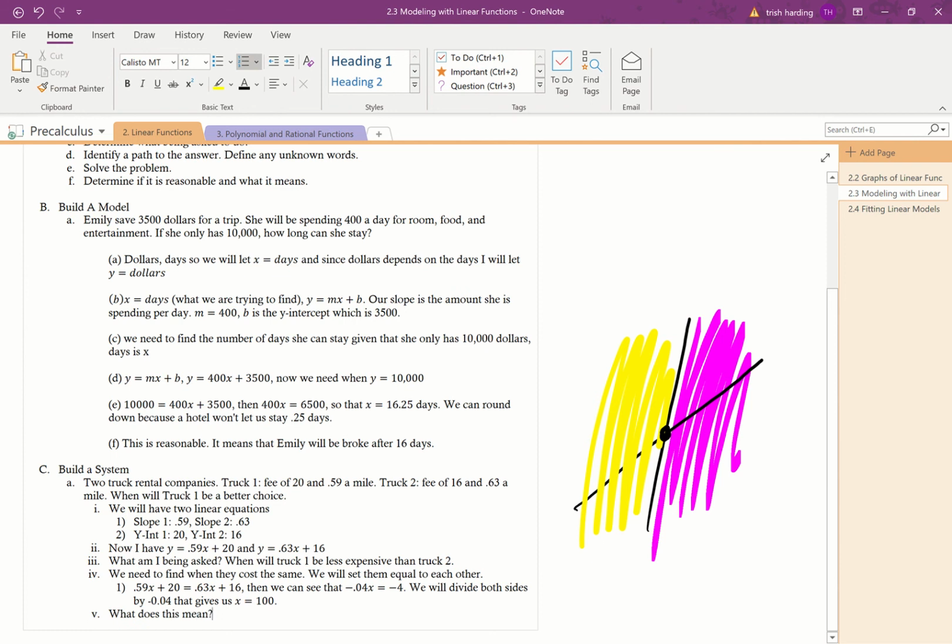What does this mean? Is it reasonable? So this means that when we drive 100 miles, both trucks cost the same.